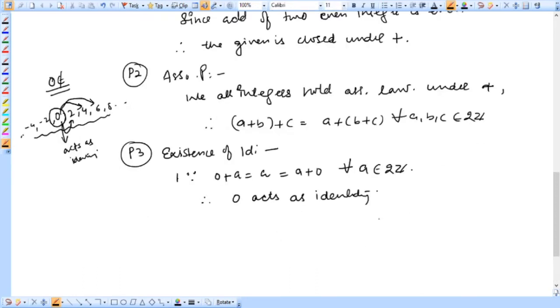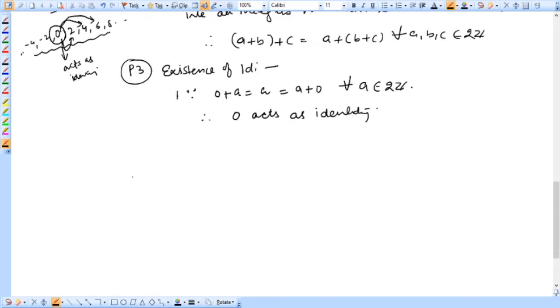Now, fourth property, existence of inverse.